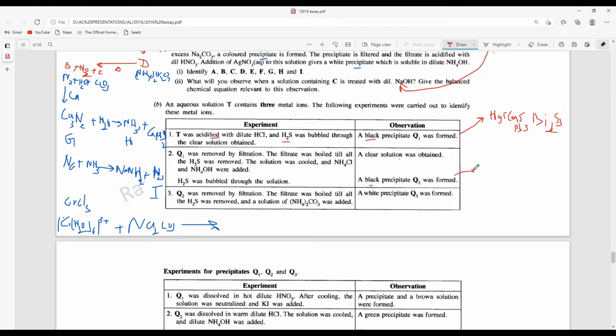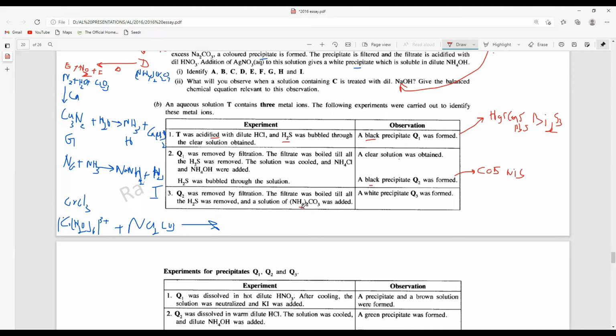So what can be the precipitate? The black precipitates are cobalt sulfide and nickel sulfide. These two are the black precipitates you can observe under basic condition. Other than that, we can have manganese sulfide, which is pale pink, and zinc sulfide, which is white in color.